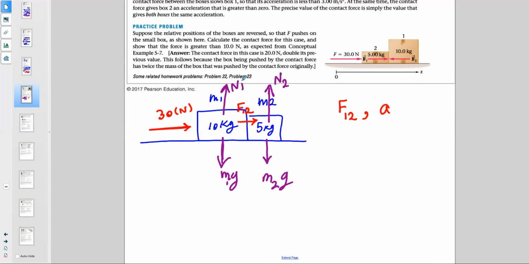We always know that the forces that are perpendicular to the direction of motion will always cancel out. This means that N2 is M2G and N1 is M1G. That's what it means, okay?